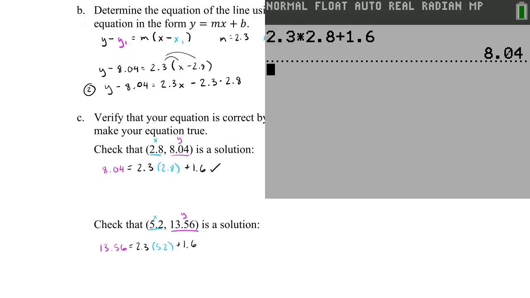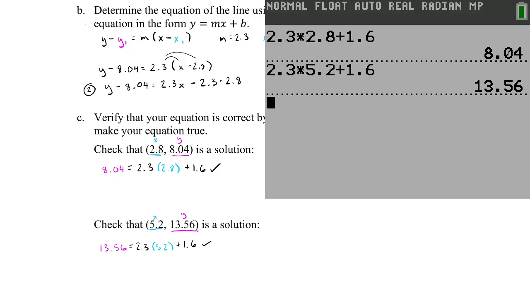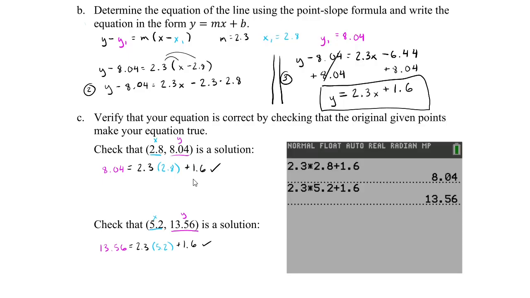And so again, on the calculator, we'll say 2.3 times 5.2 plus 1.6. And that really does work out to 13.56. And so just punching these into the calculator, we see that this checks out. Okay, let's see one more example.